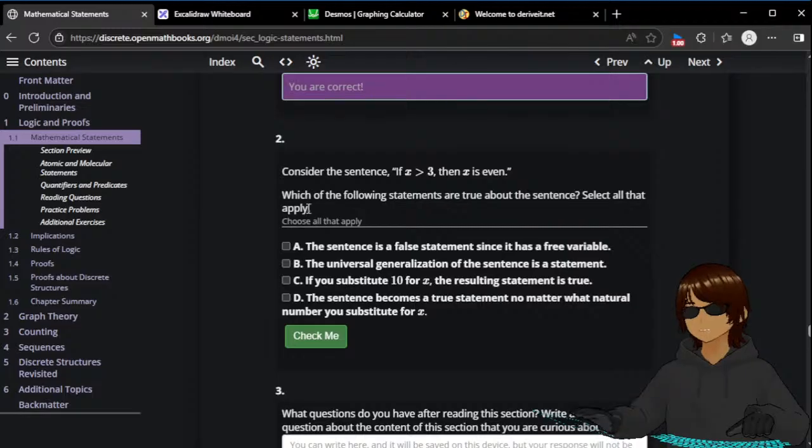Which of the following statements are true about the sentence? If you substitute 10 for x, it's true.